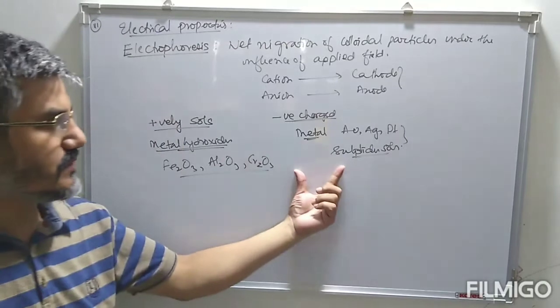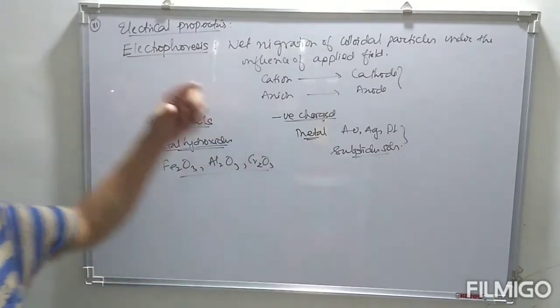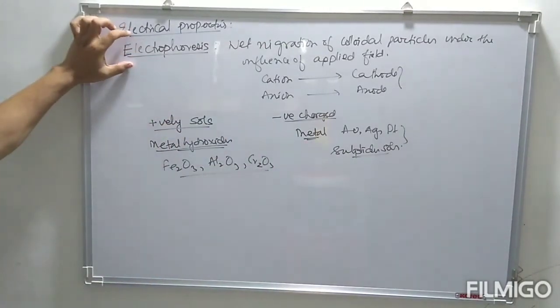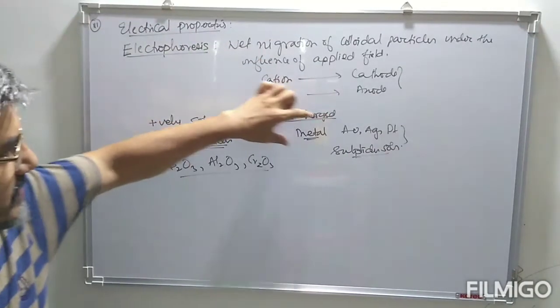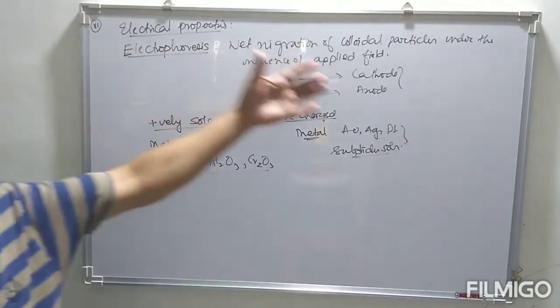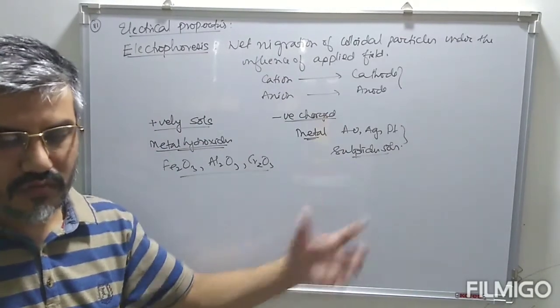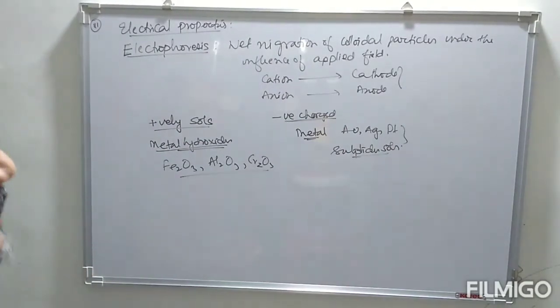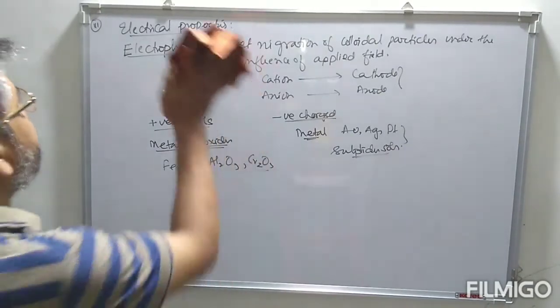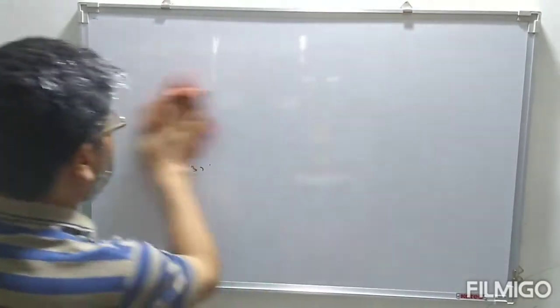These charges can be proved by electrophoresis, and the cause of the charge on the colloidal particle is preferential adsorption of ions common to the colloidal particle. This is the electrical property.